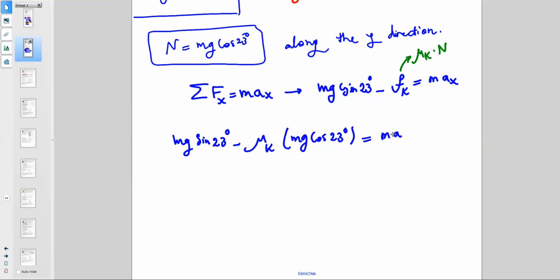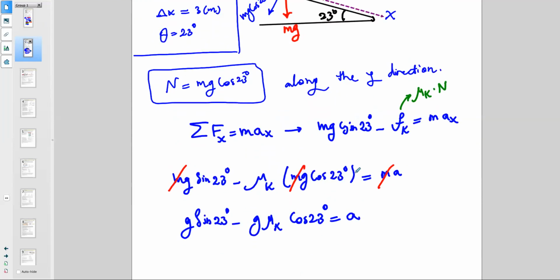I can factor out m and cancel it from left and right. What I have here is g sine of 23 minus g mu k cosine of 23 equals a.